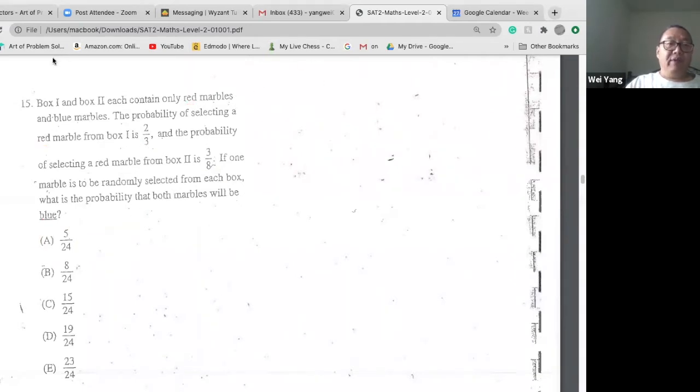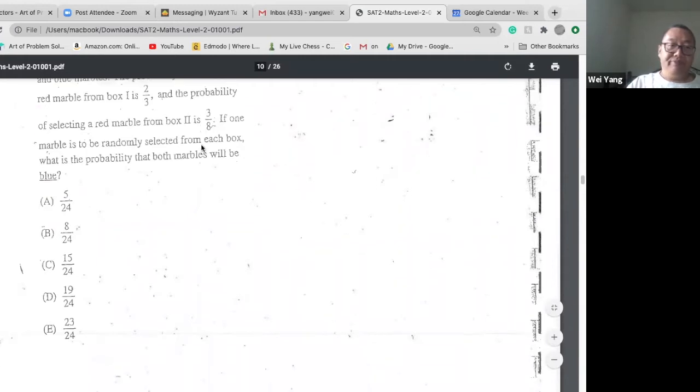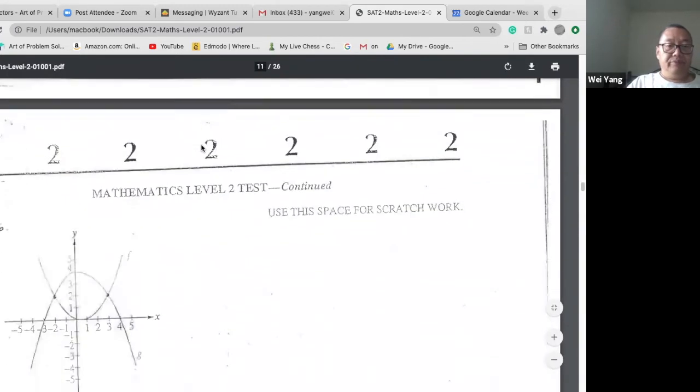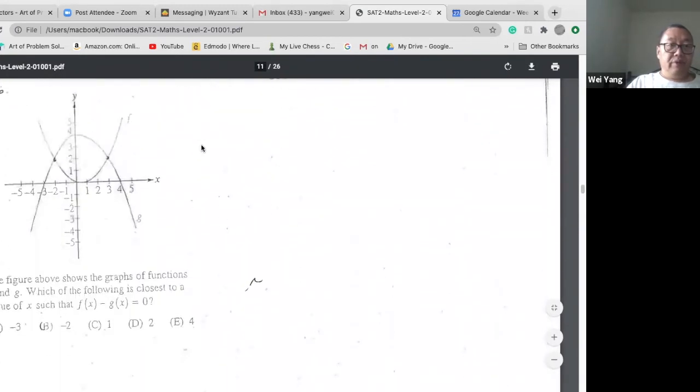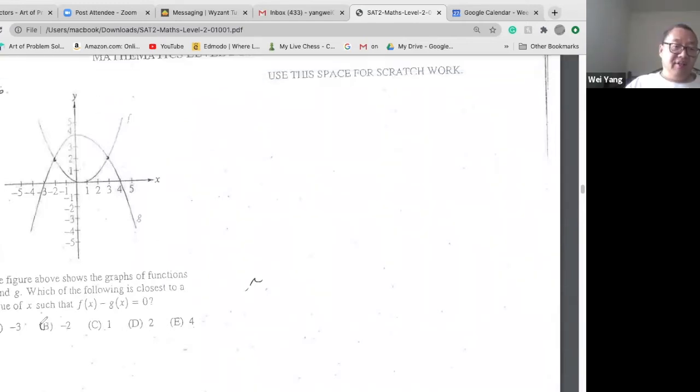Okay, now let's see 16. What's the answer for 16? B. B or D? B. B, okay. The figure above shows the graph of the functions f and g.